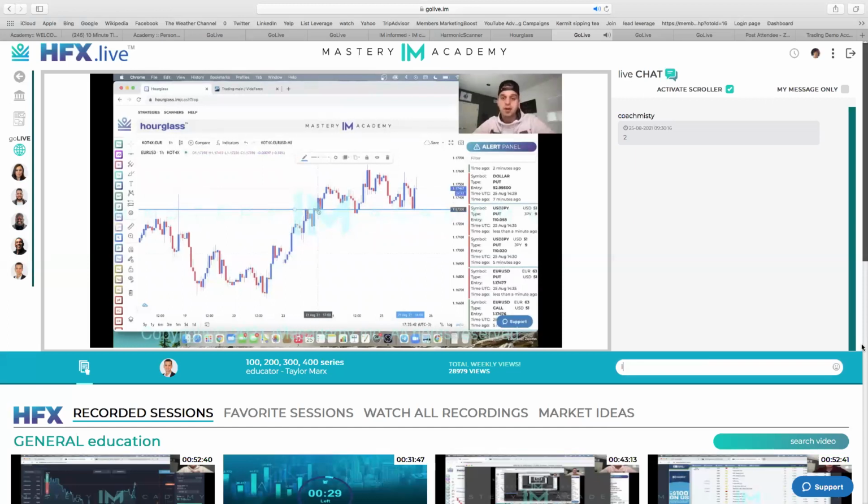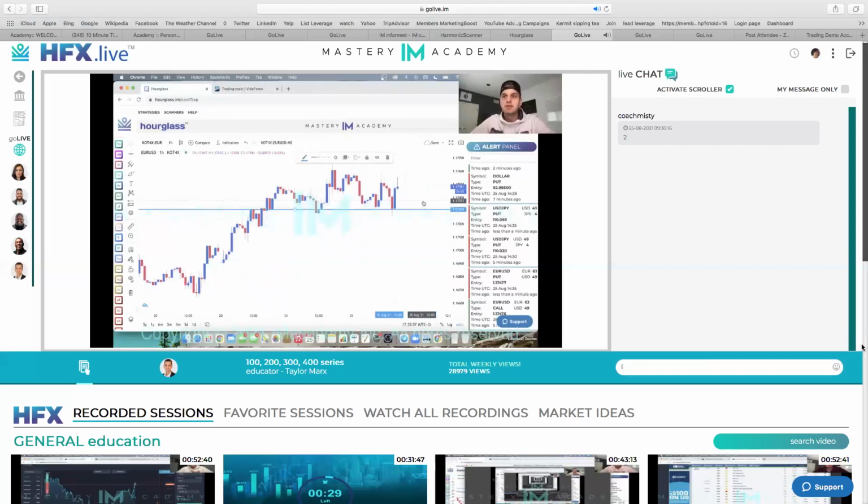That's what we call a break and retest. Then it respected it as a support, bounced off, came down, kind of broke it, but then immediately respected it again. Then it came back down, bounced off, came back down, bounced off. So that is a very good level of support.